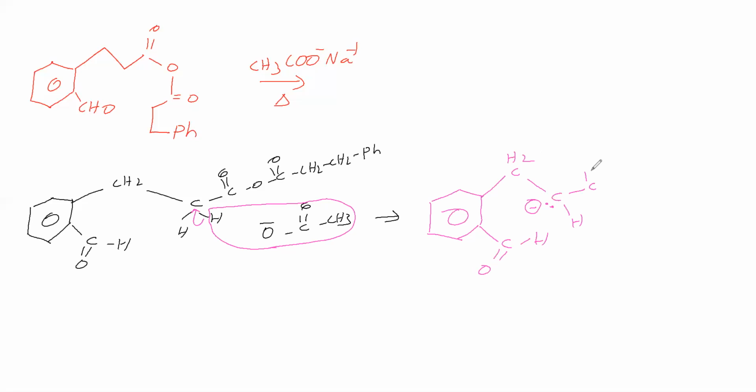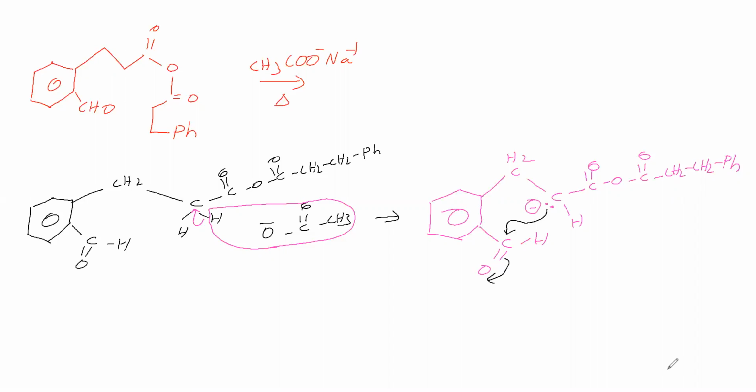Then here we will write CO, O, CO, CH2, Ph. Then this lone pair attacks this carbon, and this pi bond shifts to this oxygen. So what membered ring will we get? This carbon and this carbon make a bond. It is what membered ring? 1, 2, 3, 4, 5 membered ring we are getting. So we are getting a 5 membered ring.